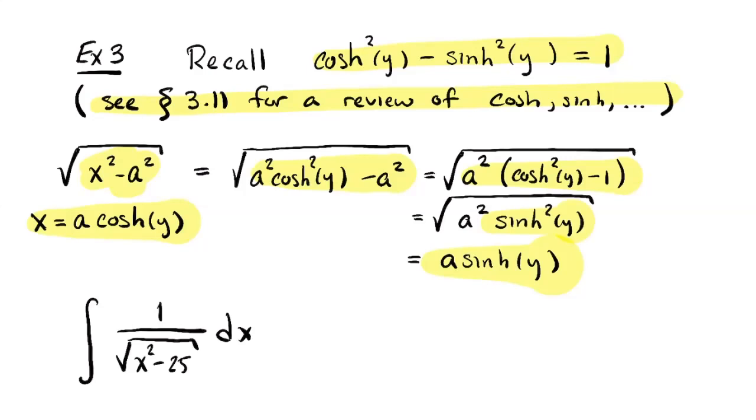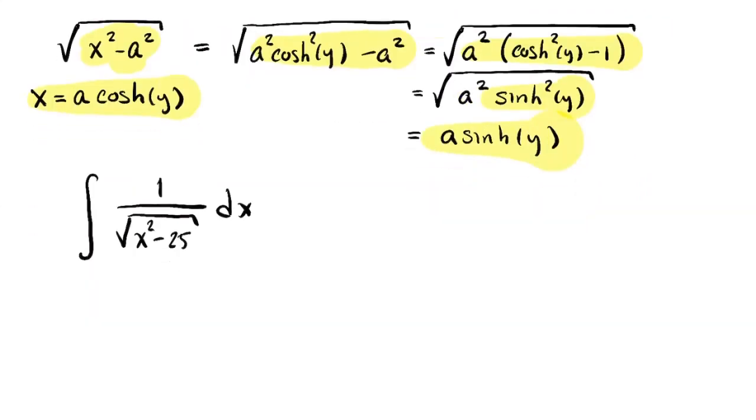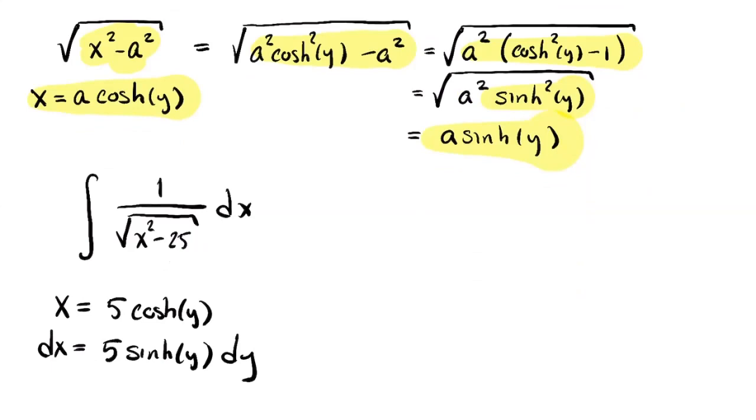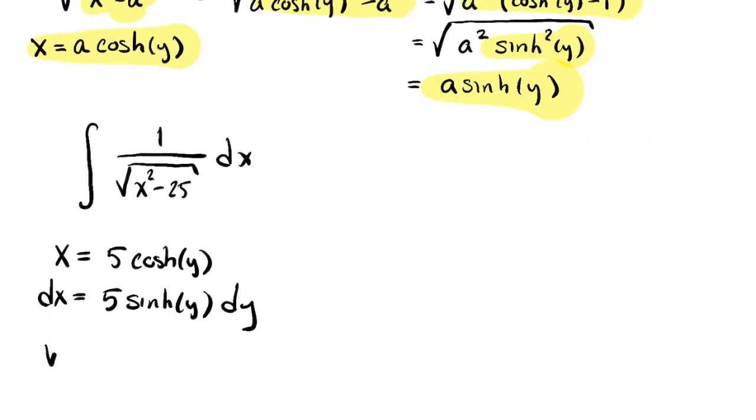So let me just illustrate quickly, and then we'll end this video, how you could do this integral with a so-called hyperbolic trigonometric substitution. Then you can try it with a trigonometric substitution and compare the two results. I'm going to let x equal 5 times the hyperbolic cosine of y. The derivative of hyperbolic cosine is hyperbolic sine. The square root of x squared minus 25 is going to become 5 times the hyperbolic sine.